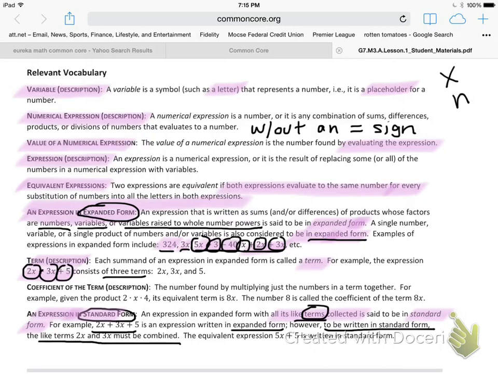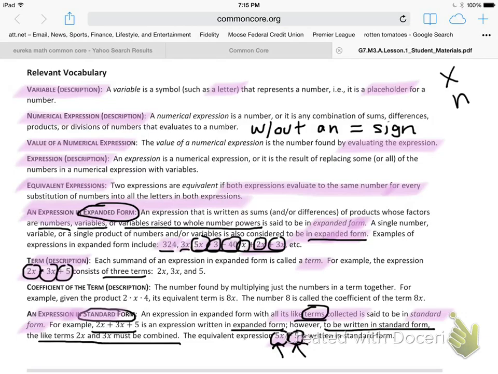The equivalent expression is 5x plus 5, and that is standard form because each term is unique, in the sense that there's only one x term and only one 5.